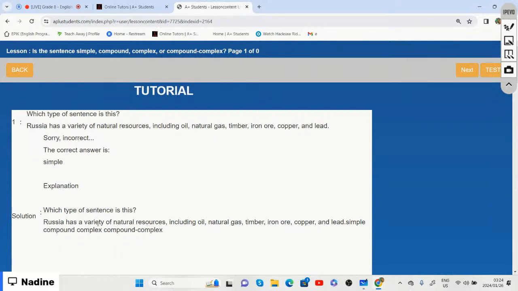So if we look at the sentence, it says Russia has a variety of natural resources, including oil, natural gas, timber, iron ore, copper, and lead, right? So now we need to say what type of sentence this is. Is it a simple, compound, complex sentence, right? And if we look at the sentence, it just seems like it is a simple sentence, simple and straight to the point.